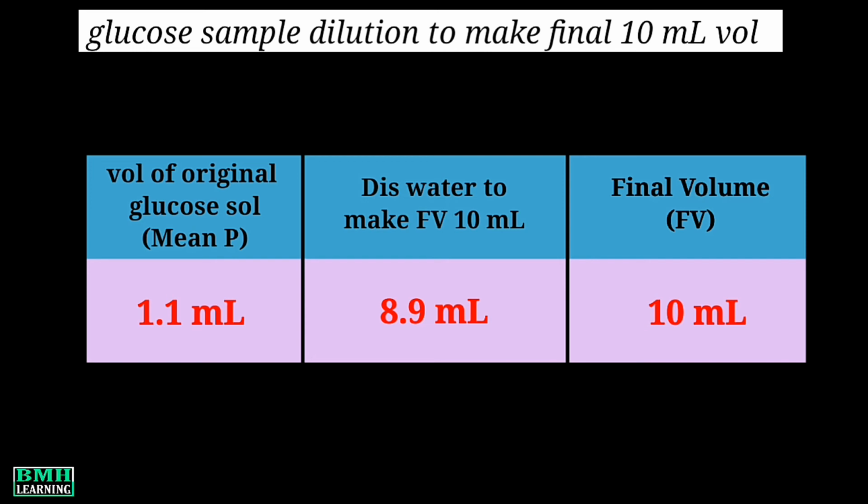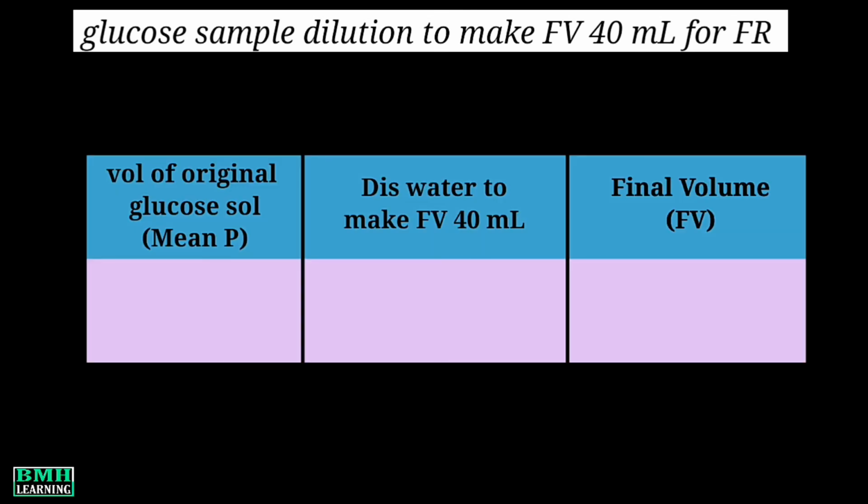Now at least we require 3 final readings, and assuming any chances of experimental error and loss of solution, we need 40 ml of diluted glucose sample.